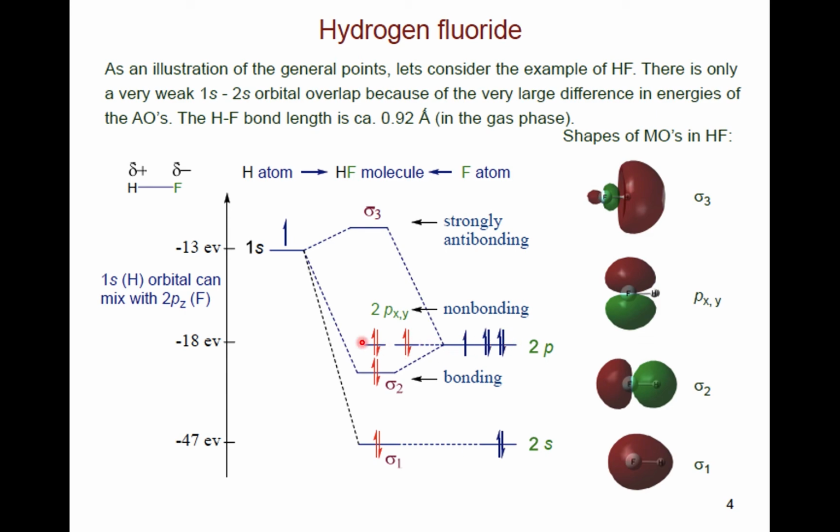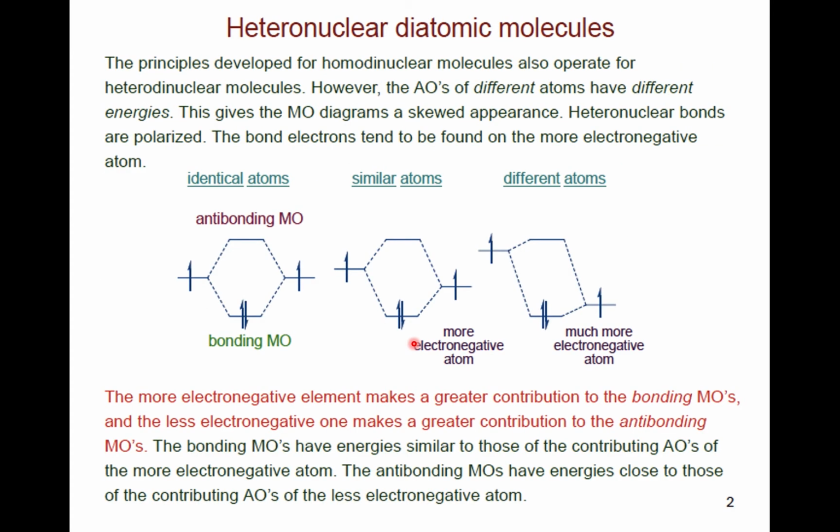They come over as non-bonding. And what are we left with at the end of the day? 8 electrons: 2 that are basically in the 2s orbital on fluorine, 2 that are in the hydrogen-fluorine 2p bonding orbital, and then 4 electrons that are sitting in the 2px and 2py orbitals on the fluorine atom.